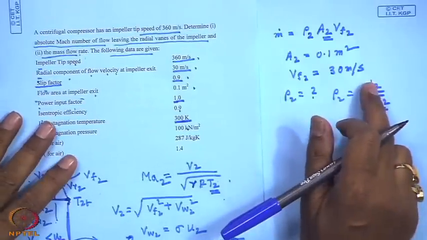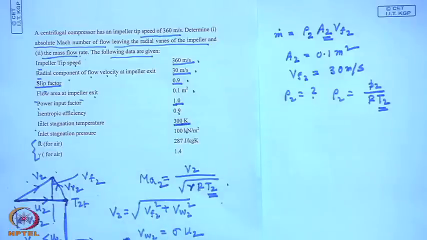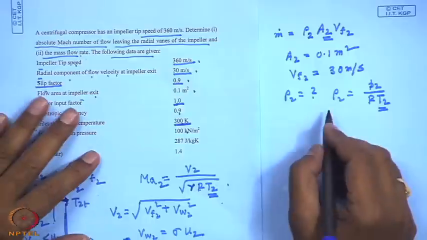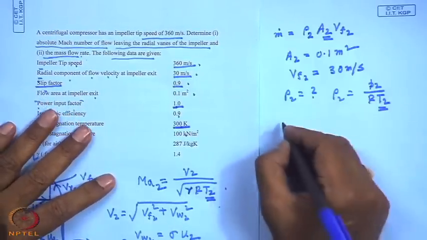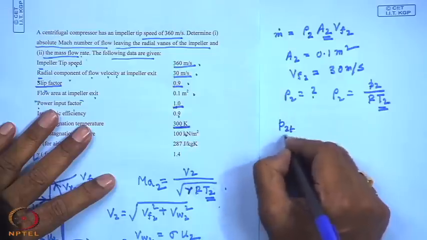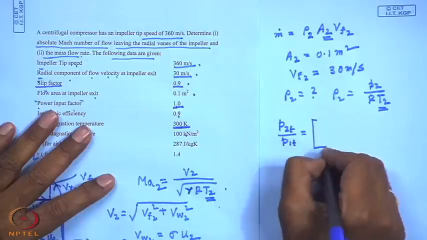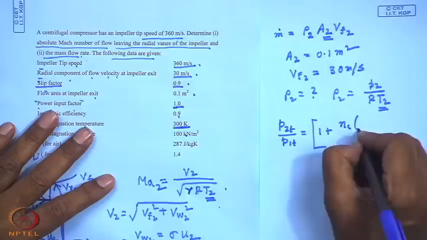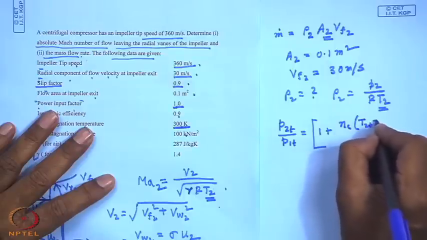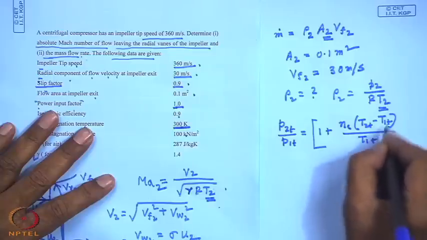How to calculate P2? Before calculating P2, you have to calculate the stagnation pressure. Then if you calculate the stagnation pressure, you can calculate the static pressure. So how to calculate the stagnation pressure? You can calculate P2T by P1T from this earlier formula: 1 plus eta C into T2T minus T1T divided by T1T, to the power gamma by gamma minus 1.